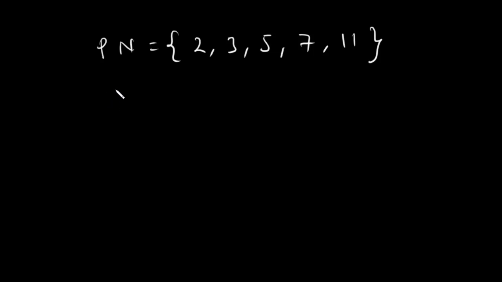Now, let's try to find the set of prime numbers between 1 and 30. To do this, let's first of all list the set of natural numbers from 1 to 30.